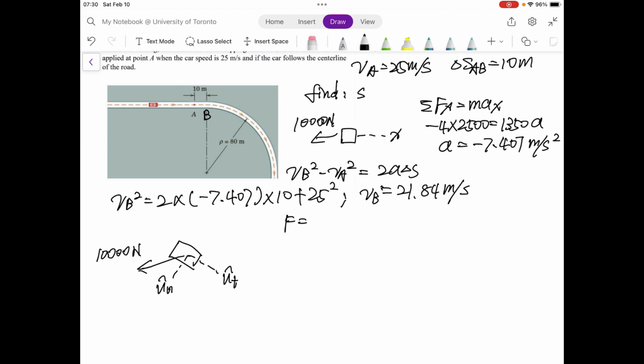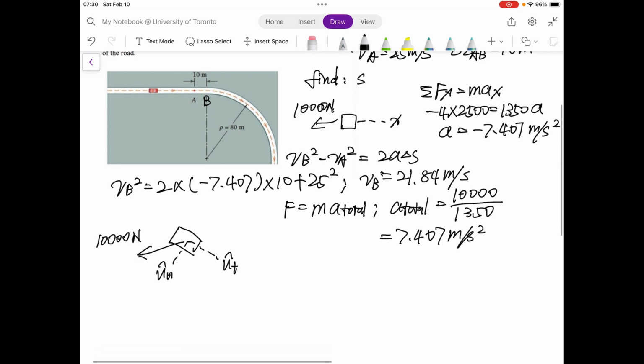So F is equal to m a total. Right here is a braking force, so we have a total is equal to 10,000 divided by 1350, which is equal to 7.407 meter per second square.